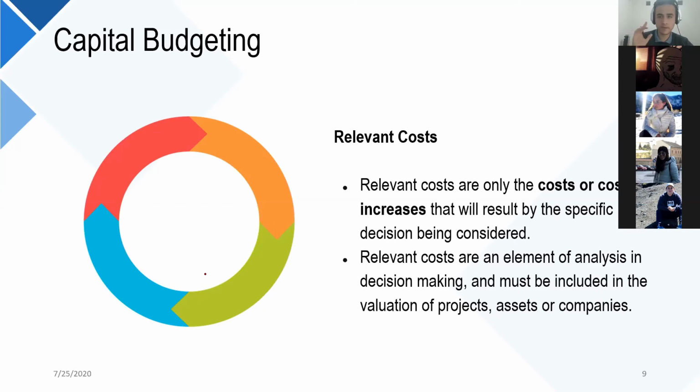So be cautious that you do not confuse sunk cost and relevant cost. Sunk costs are costs that already happened and cannot be modified. Relevant costs are costs that will happen when you actually start the decision, or will happen regardless of the decision you take. So those are relevant costs you need to take into consideration.